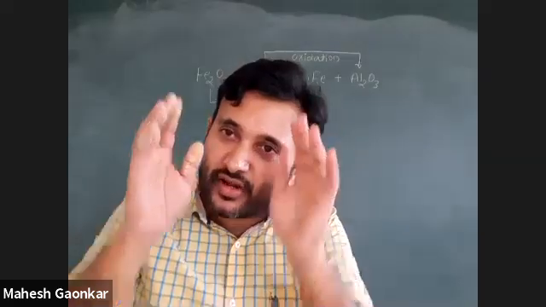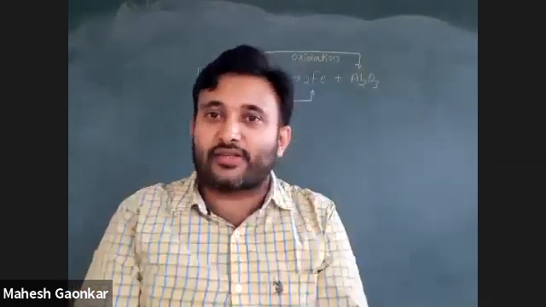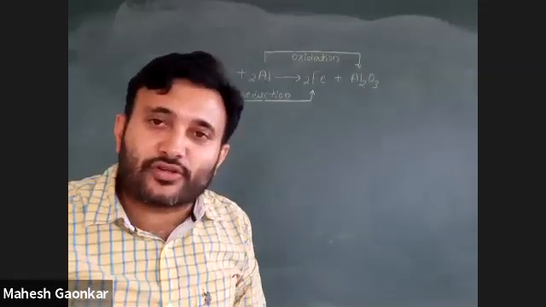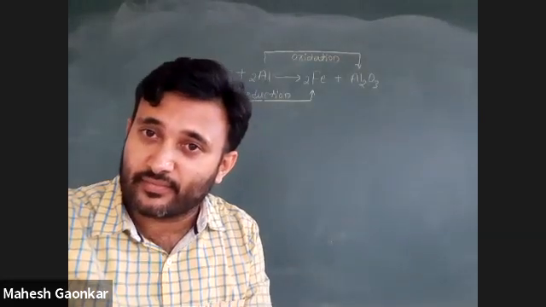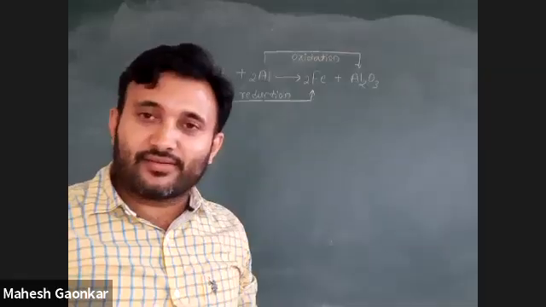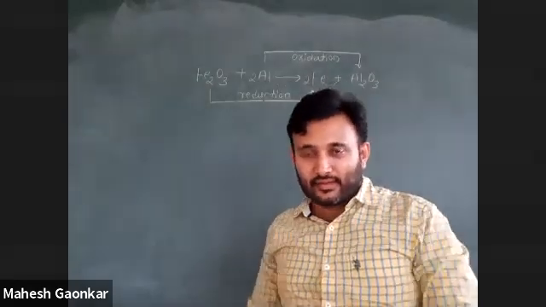Fe2O3. The one which is reduced is the oxidizing agent. In this entire reaction, which one is oxidized? Al. The one which is oxidized is the reducing agent. That's it. Thank you.